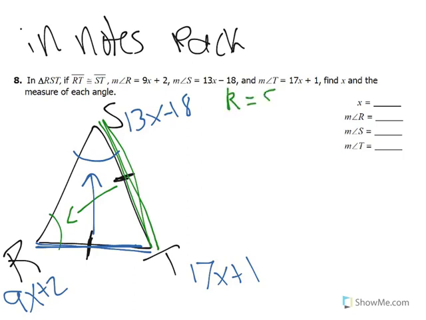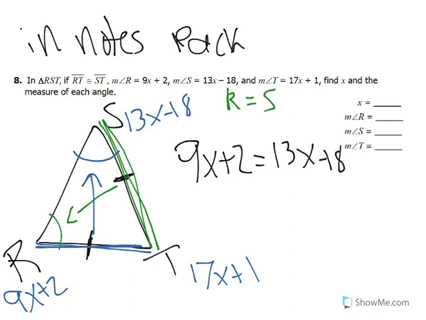Angle R will equal angle S. So those are what we're going to set equal to each other. 9x plus 2 would equal 13x minus 18. So then we're going to solve for x. And we should get x to equal 5.